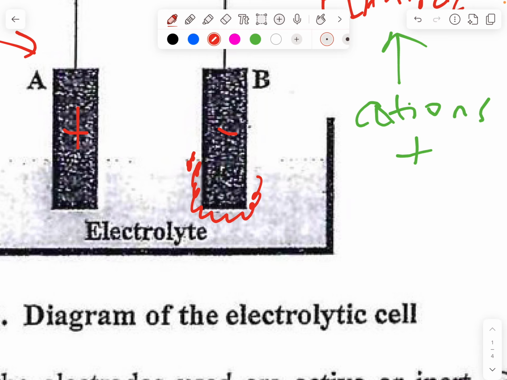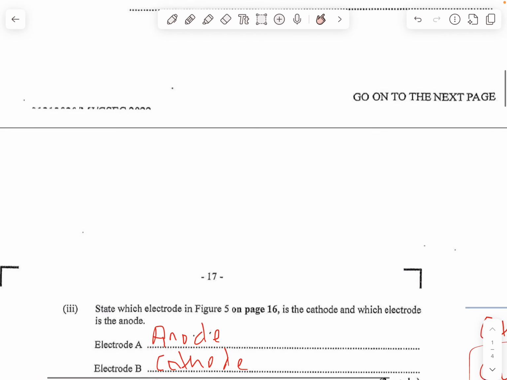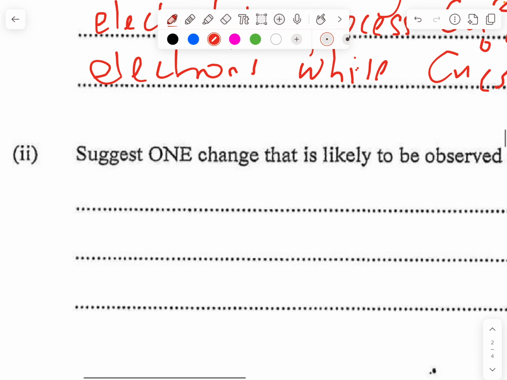That's what we're forming, which means that we're developing some mass around the cathode. And of course, for the observation, the color of copper is red brown.